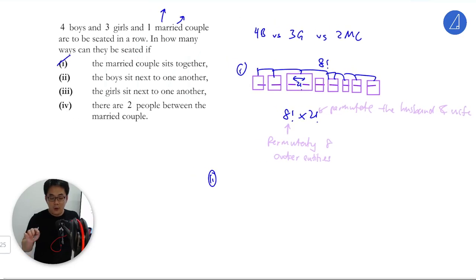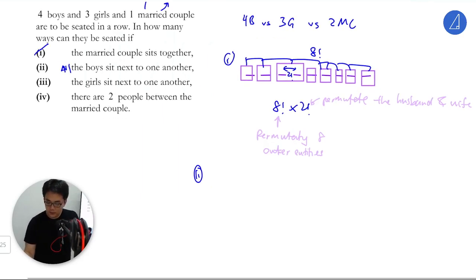If all boys sit next to one another, they have to be one whole group, because the boys sit next to one another. All the boys, yeah, actually true. So this is 1, 2, 3, 4, 5, 6, 7, 8, 9. So the boys are 4 of them.